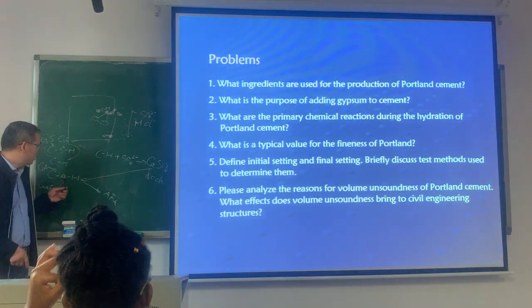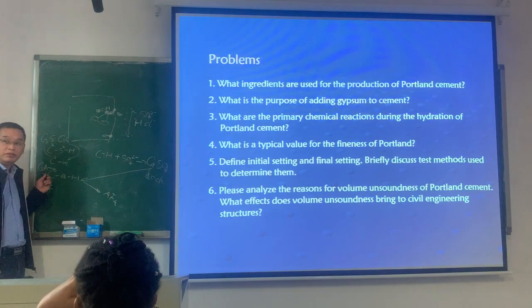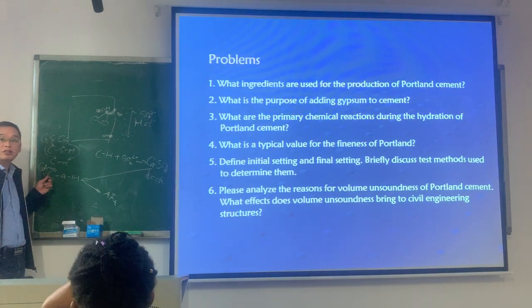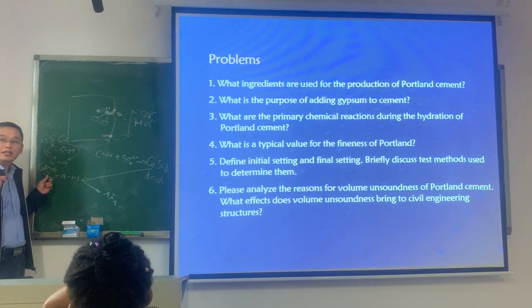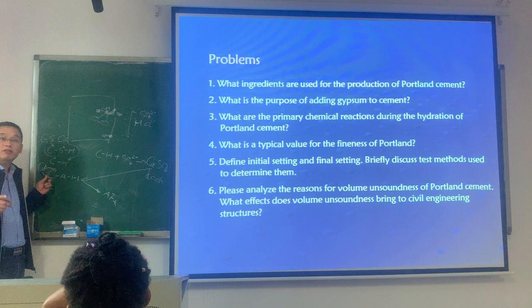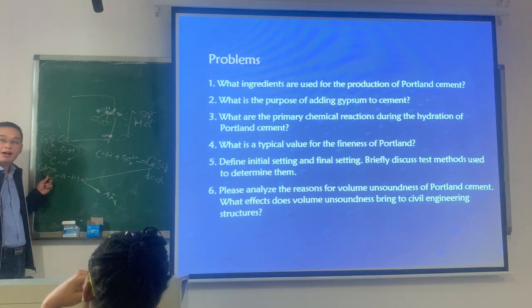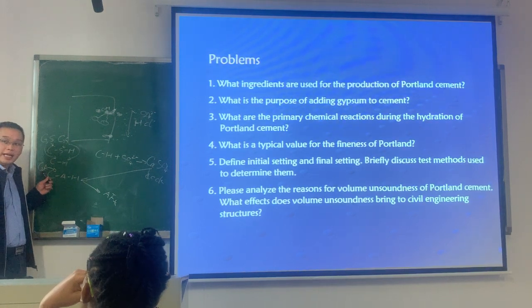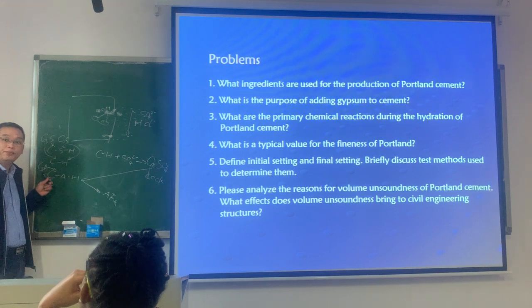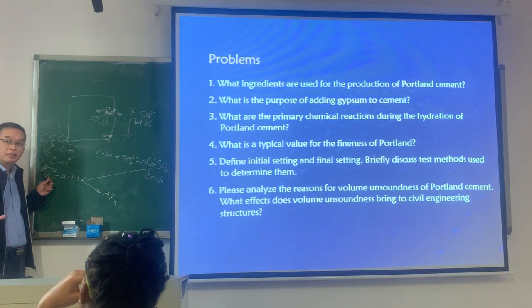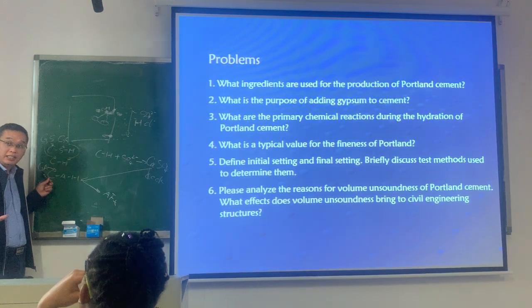Yeah. This one, C3A, is very special. What is special? Firstly, its reaction speed is the fastest. And then the hydration product of C3A is no good for the strength of cement, and it is harmful for what?